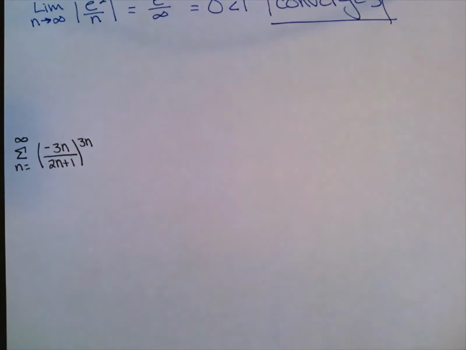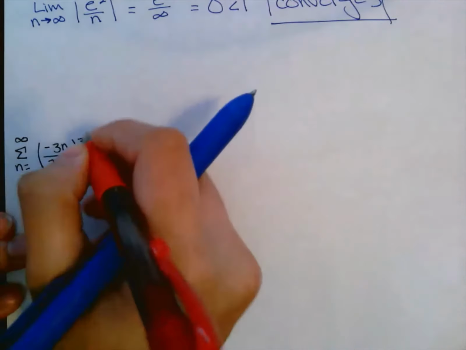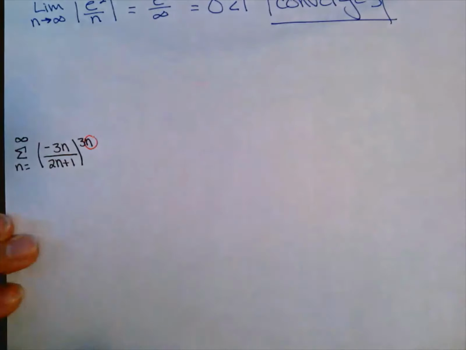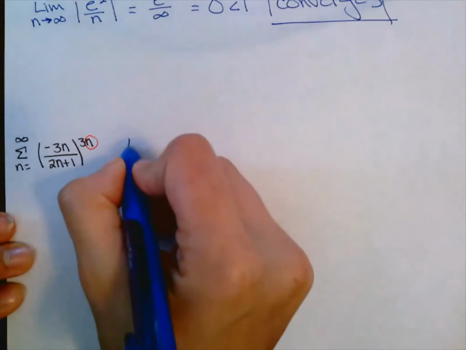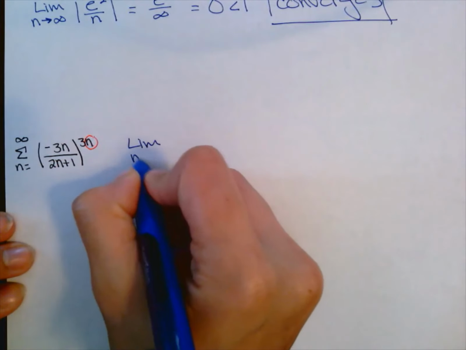Now, the fact that this one was already written with this n in the exponent, remember, when you see it written like this, it belongs to the numerator and the denominator. I can go straight to my root test.